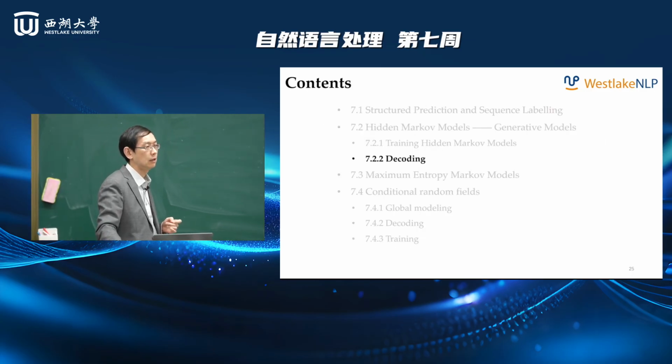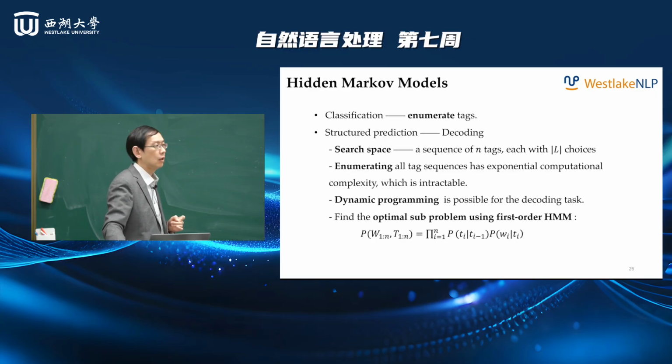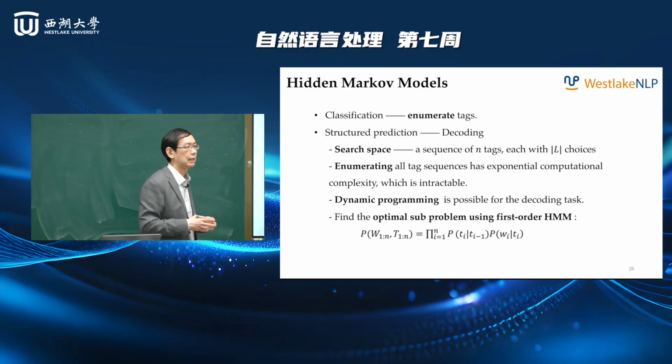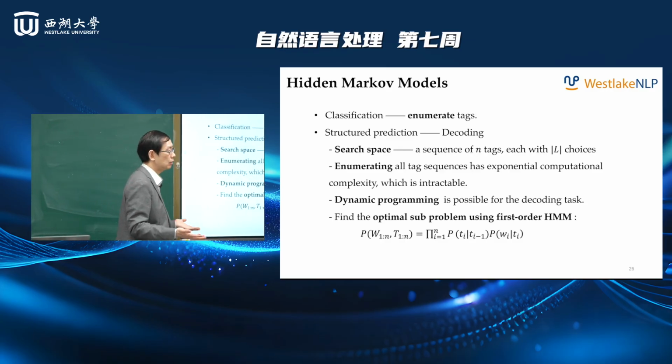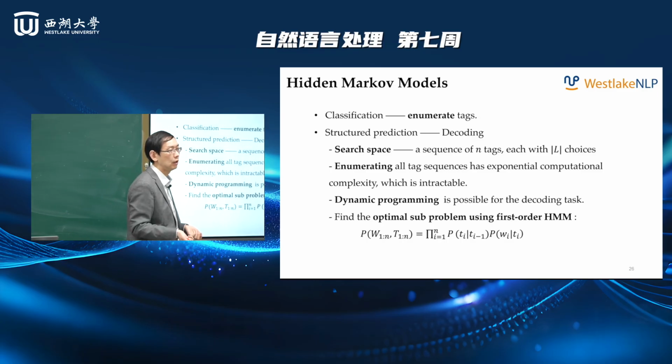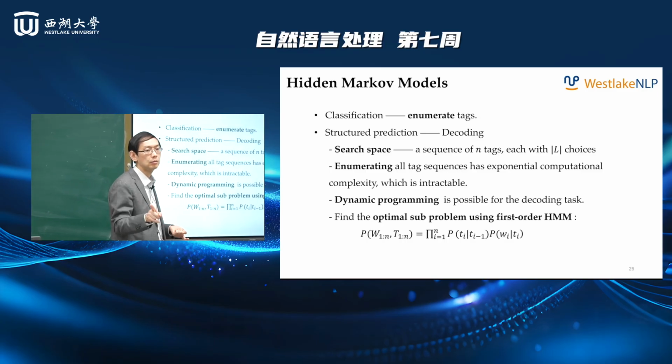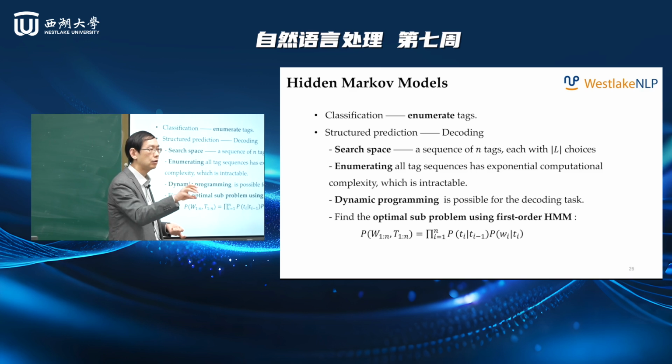Wait. Why is it called decoding? Isn't finding the most probable output trivial? That is trivial when we do the classification task. When you're given a document and you want to know its class label, what do you do? You enumerate all possible class labels, and you calculate the joint probabilities.